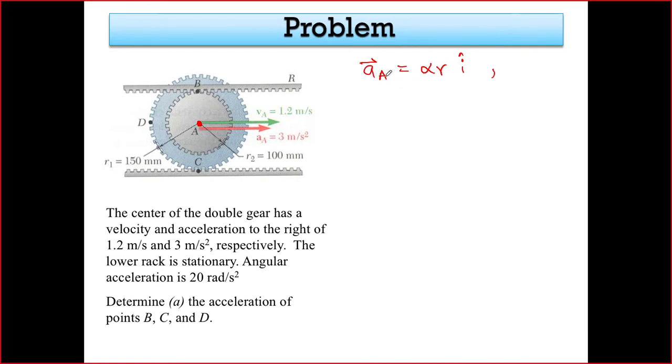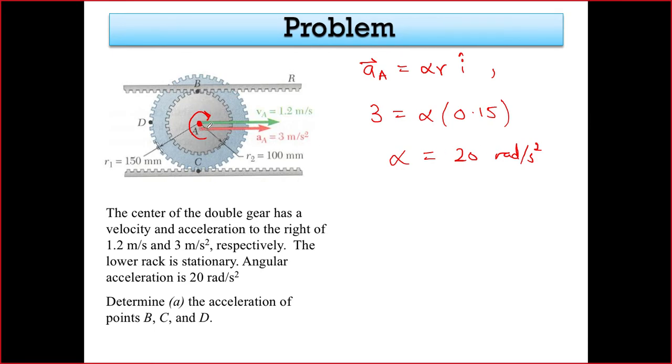So I can see that AA is alpha r in the I direction, like so. So already I can figure out that this is 3, alpha times r, and r is what? 0.15 again. So we can figure out what alpha would be. Alpha is 20 radians per second squared. But for its direction I have to refer to the figure.